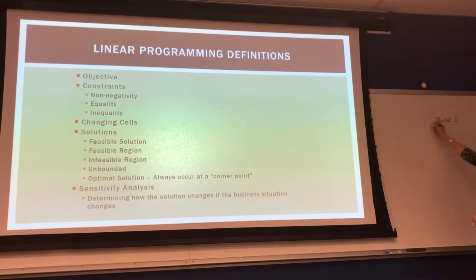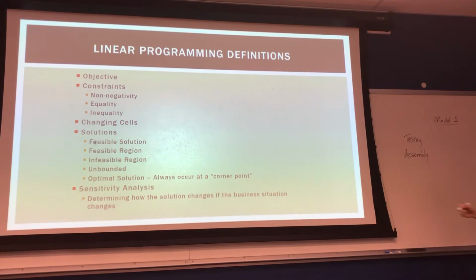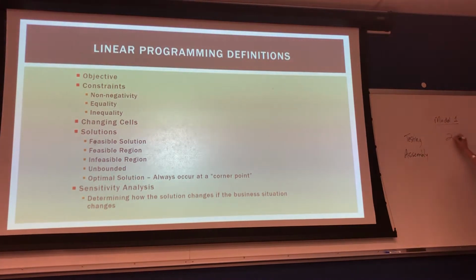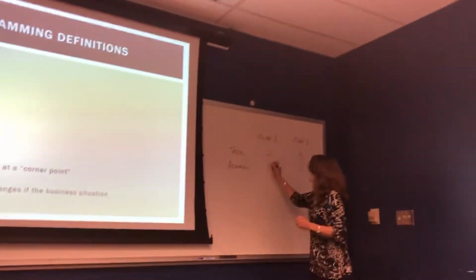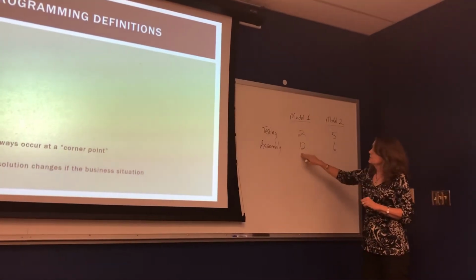Let's say you had Model 1 and Model 2 as something, not the tennis rackets, and it goes through testing and it goes through assembly. I think this is something like the example they explain this with in the beginning of chapter 3. If you look at your Model 1s, they take 2 hours for testing, 12 hours for assembly.